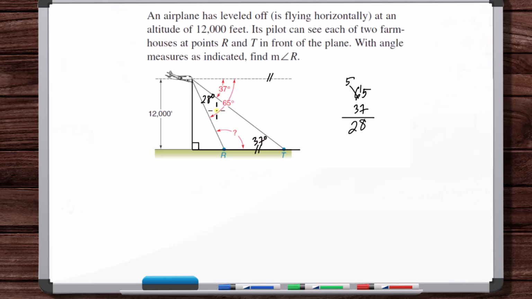And so there we go, 28 plus 37 is 65. And then 180 minus 65 is going to be the measure of angle R, because we can sum the angles of this triangle here. That's 115. So the measure of angle R is 115.